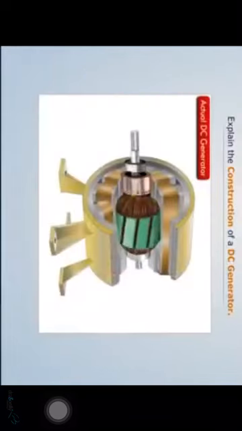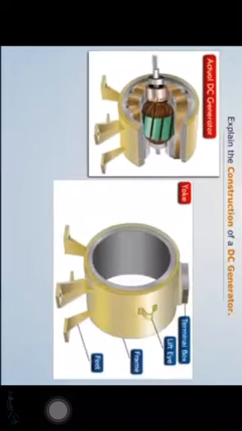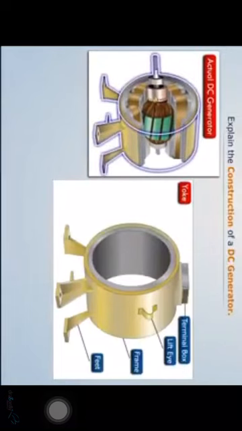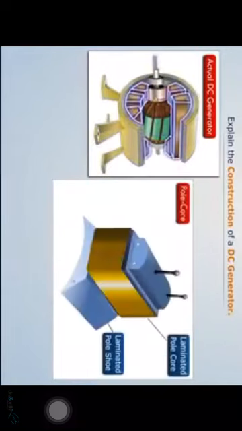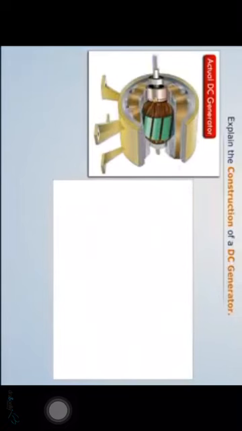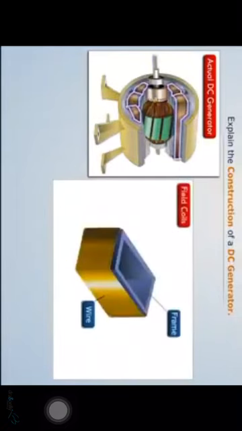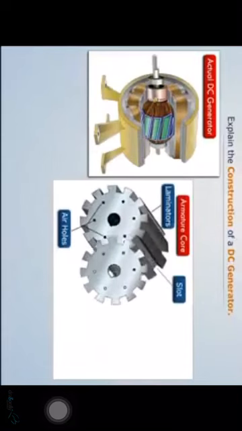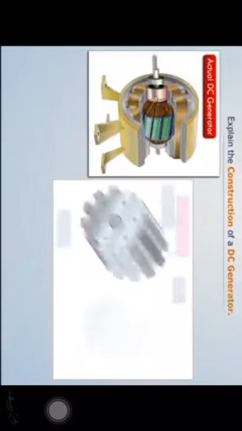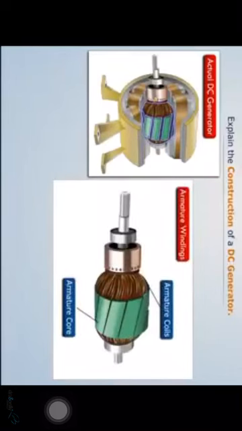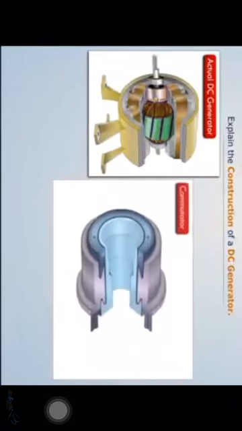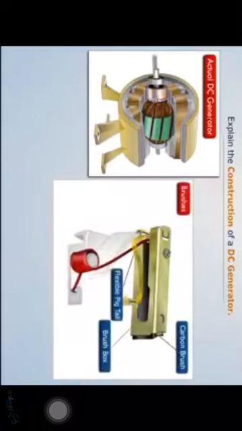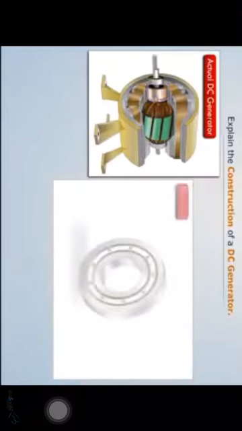A DC generator consists of a magnetic frame or yoke, the pole core, the pole coils or field coils, the armature core, the armature windings, the commutator, the brushes, and the bearings.